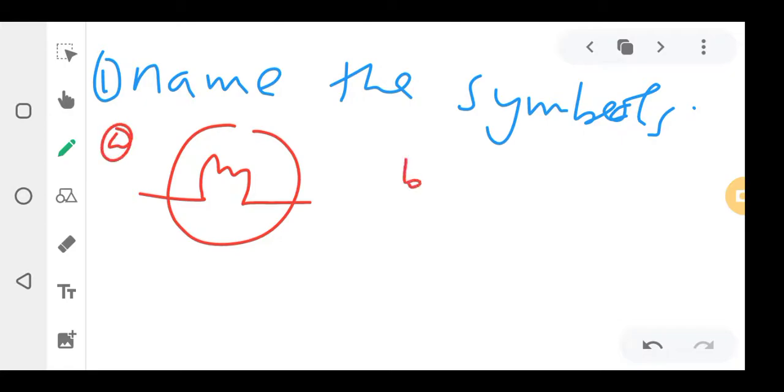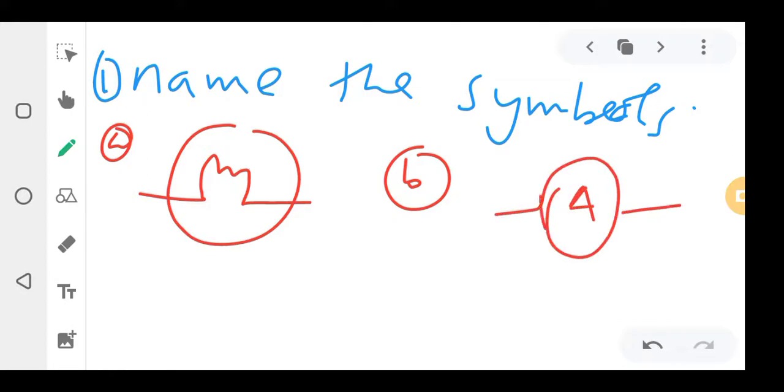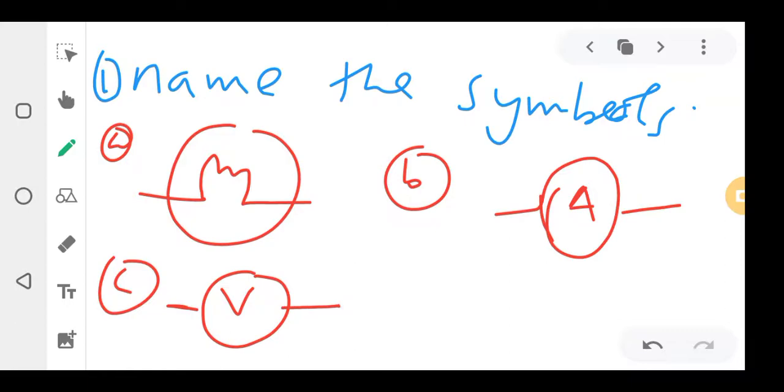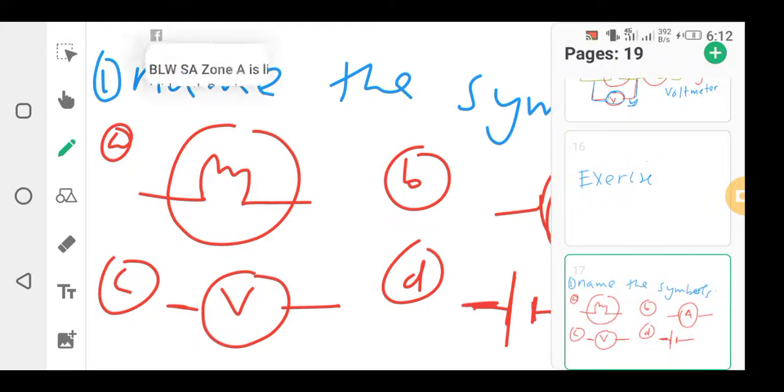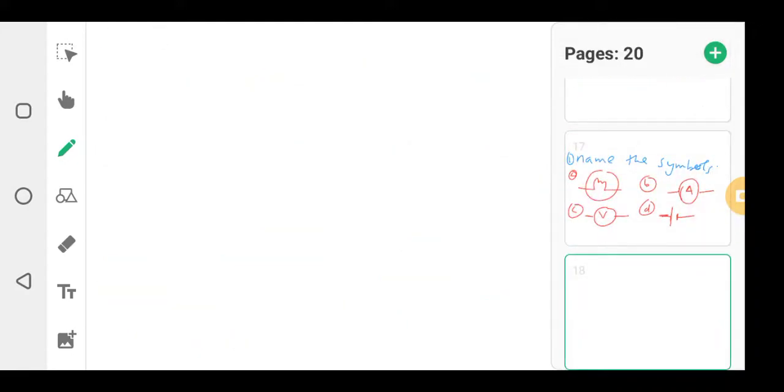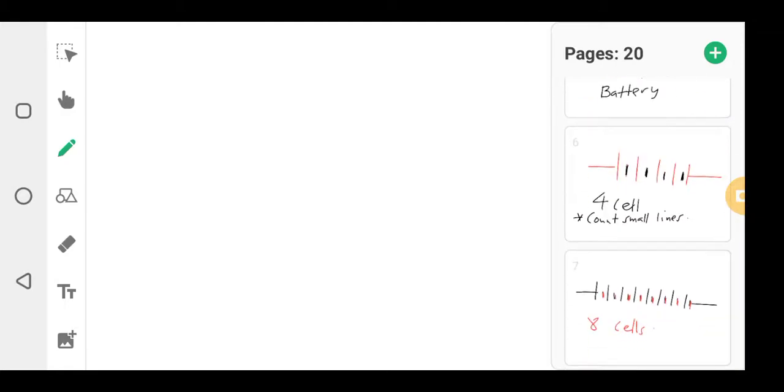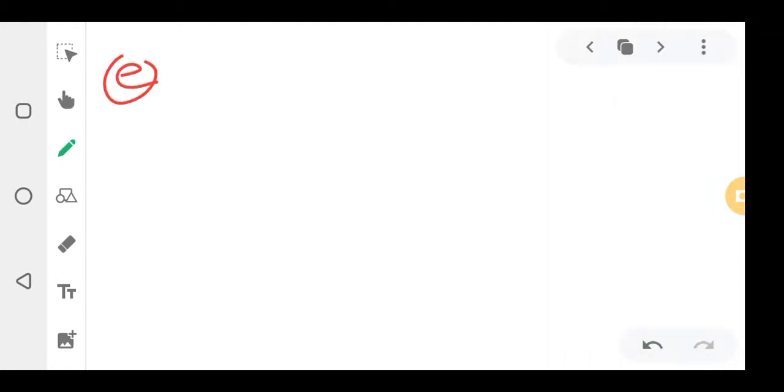That is A, B, C, D. And then E, what is the name of this symbol when there are a lot? That's question 1.